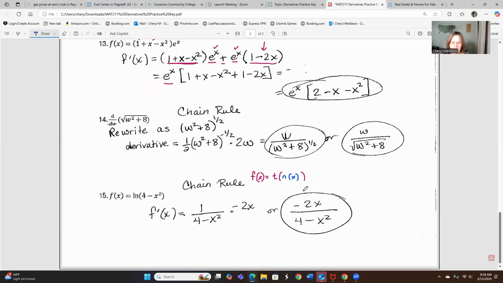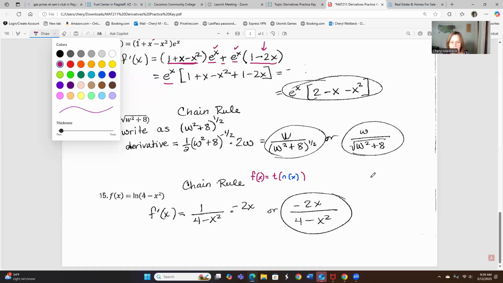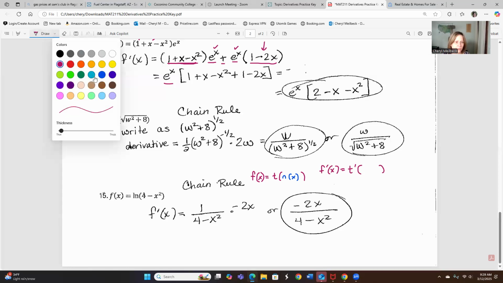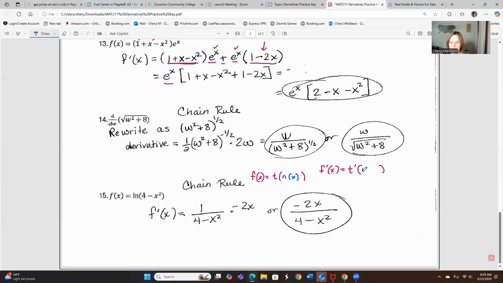If you have a function like this, the way you take the derivative is to take the derivative of the outside function, leaving the inside function the same. So that inside function, we're just going to leave it. Then we multiply that by the derivative of the inside function. That's our chain rule. So let's see how that applies here.